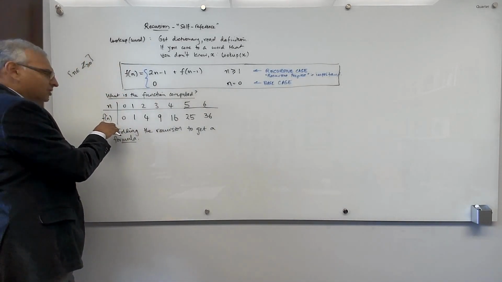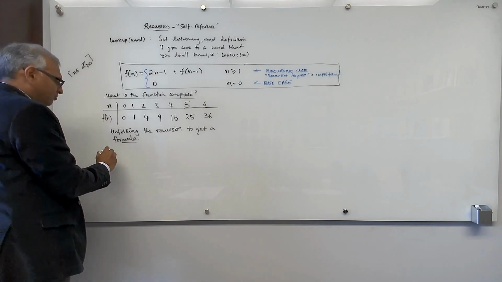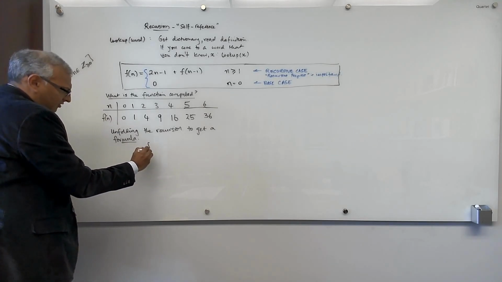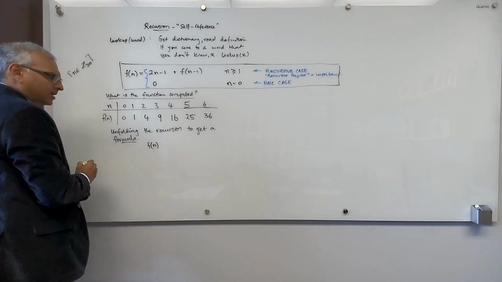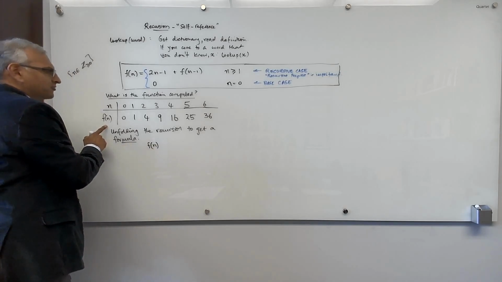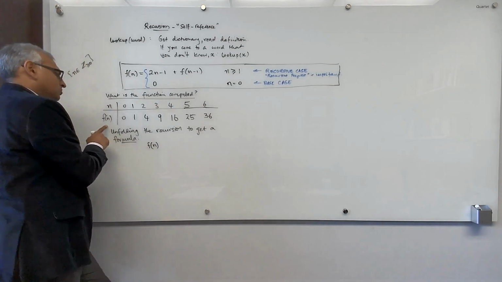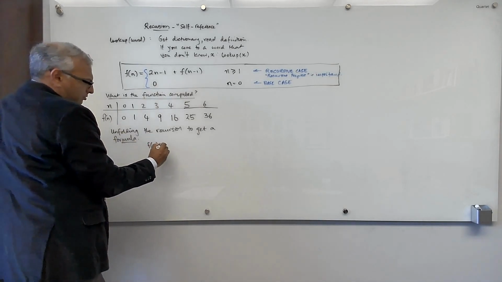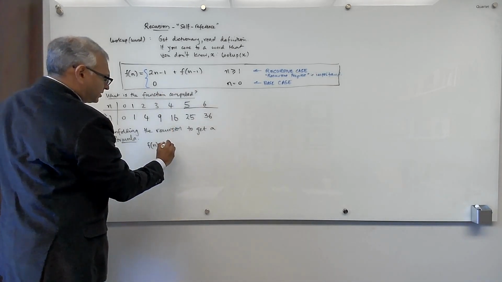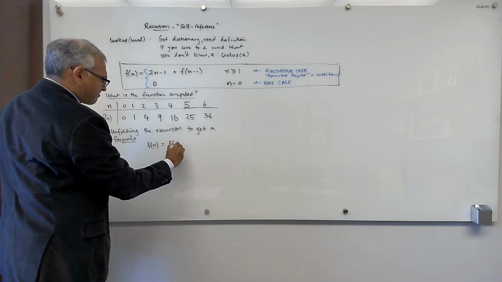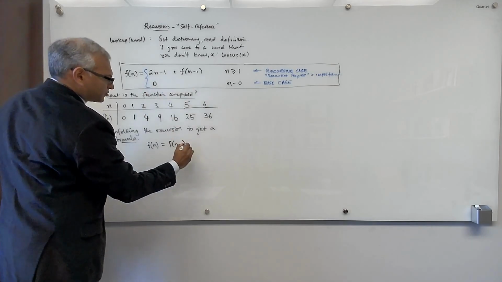I'm interested in a formula for f of n. So I have f of n here. And what do I know? I know that f of n is equal to f of n minus 1 plus 2n minus 1.